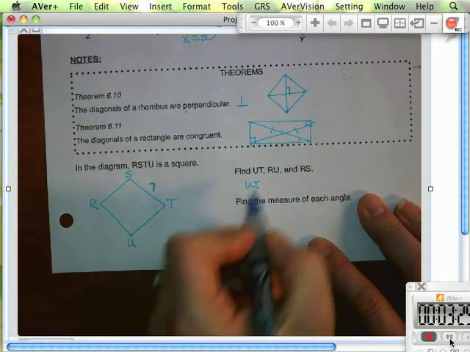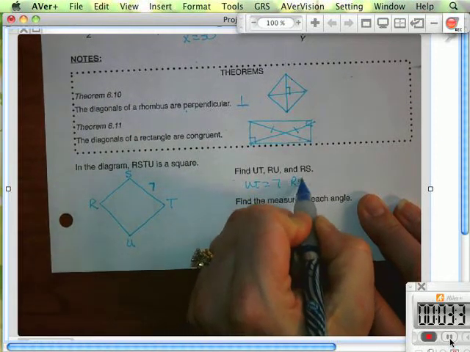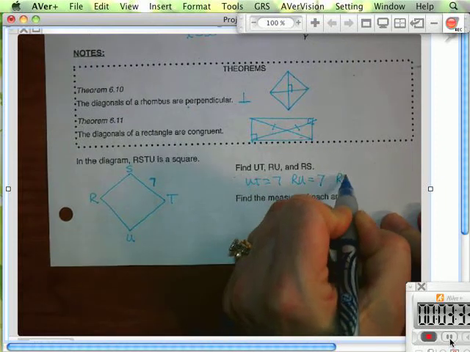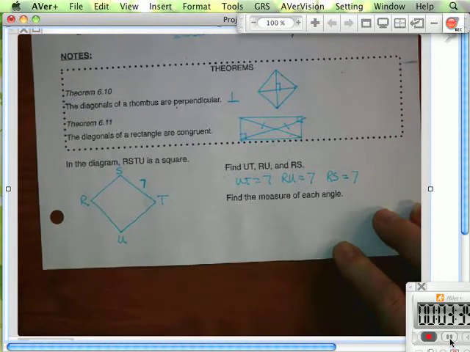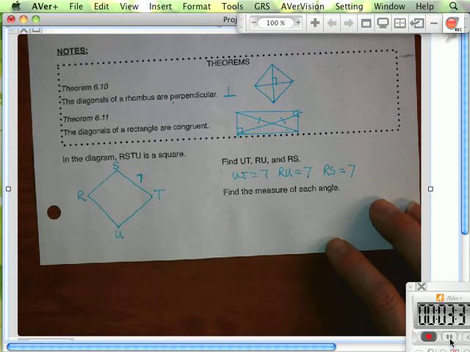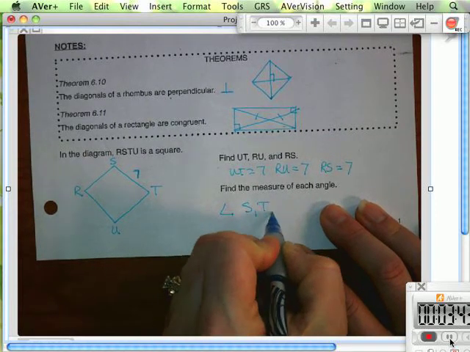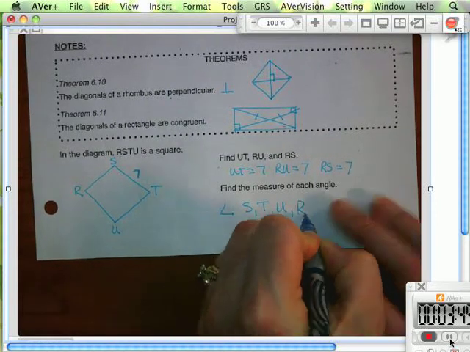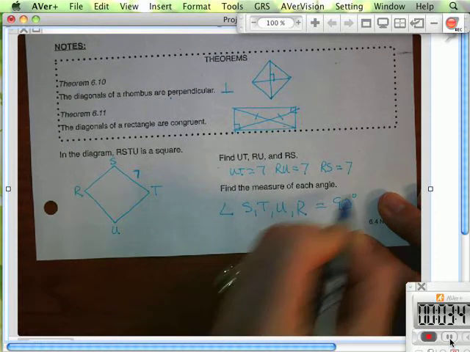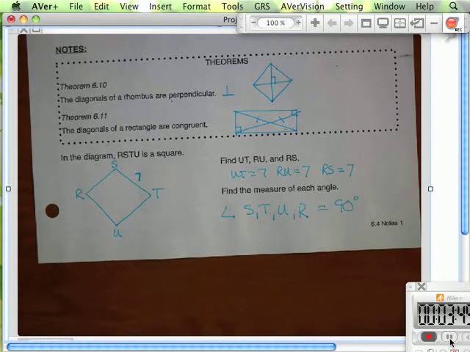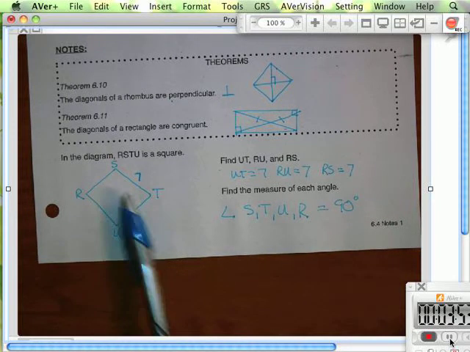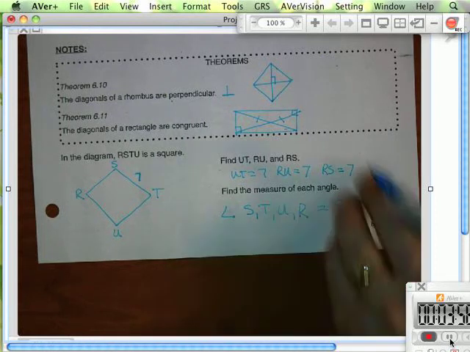Look how easy that is. RU is going to equal 7. RS is going to equal 7. And what's the measure of each angle? Right. Angles S, T, U, and R are all equal to 90 degrees because it's a square. What do the angles add up to in a quadrilateral? 360. Okay, turn it over.